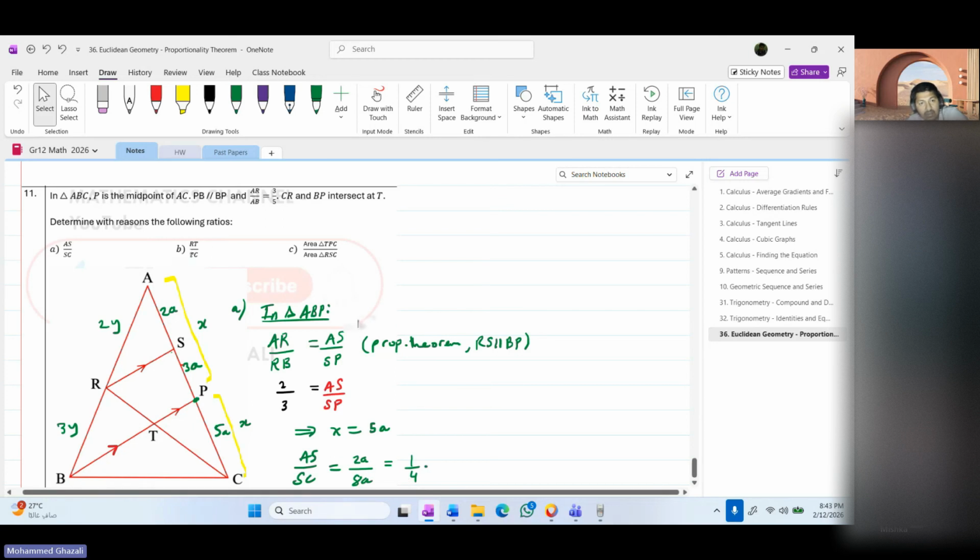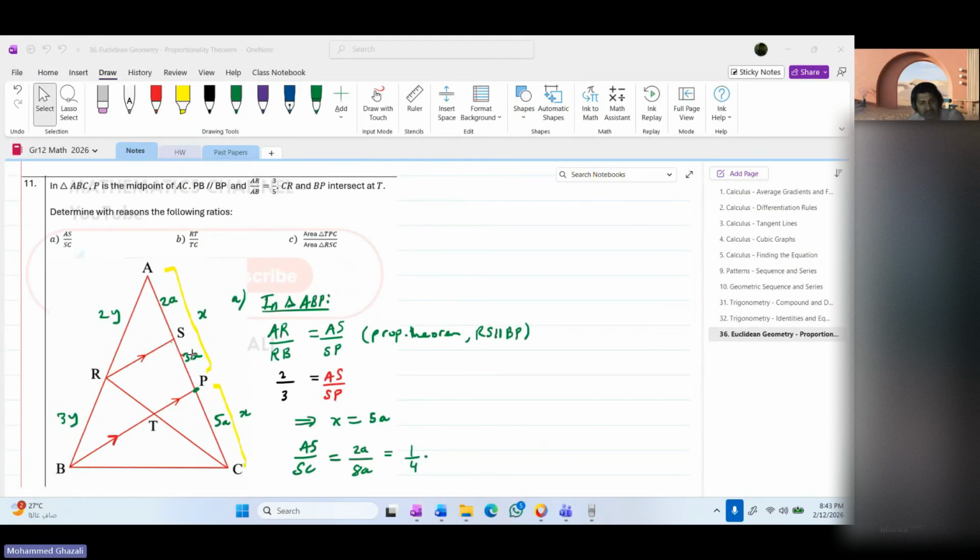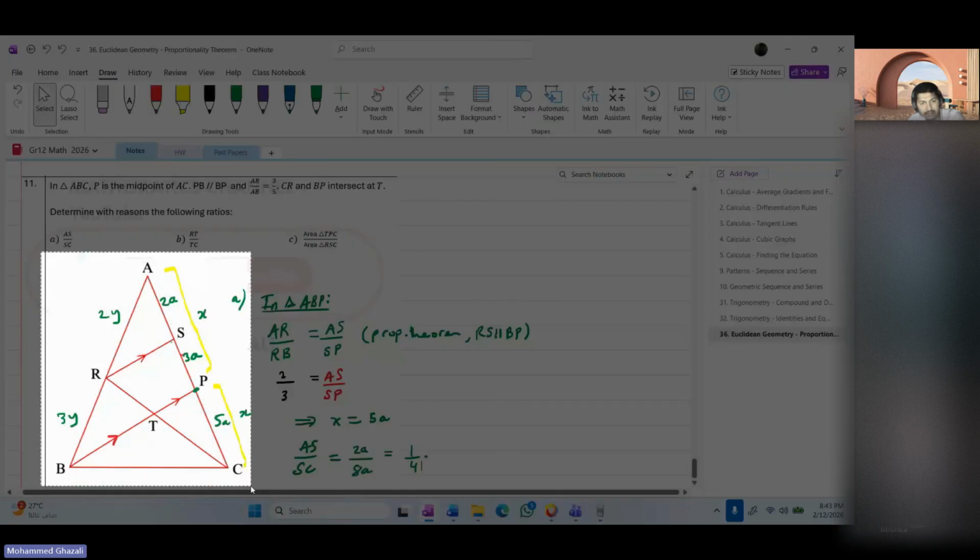What is RT to TC? Now there's enough information on this diagram. So let me just take this diagram.